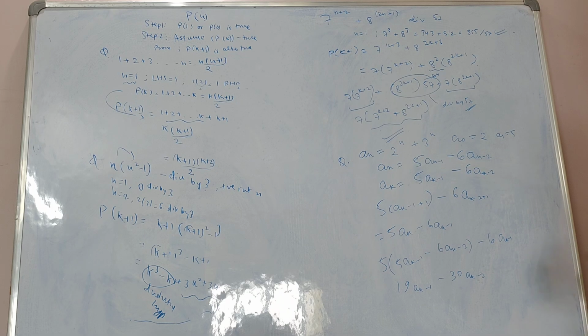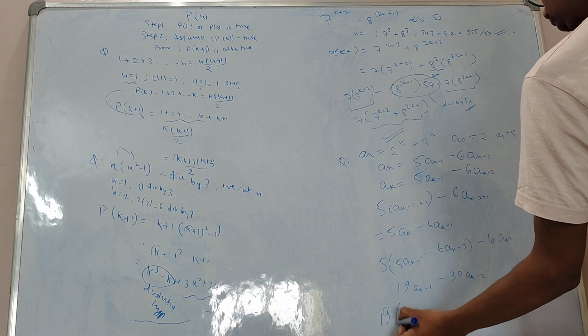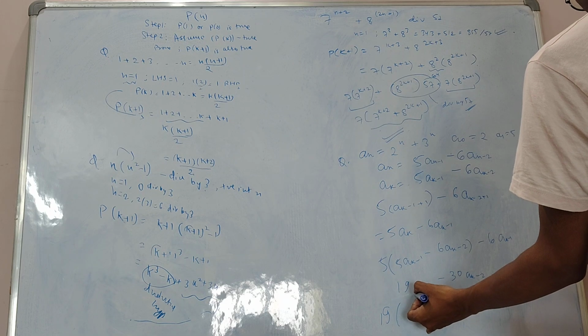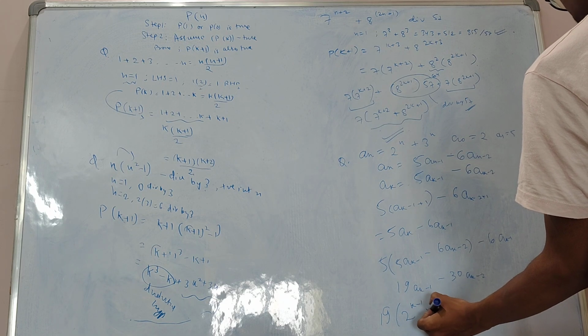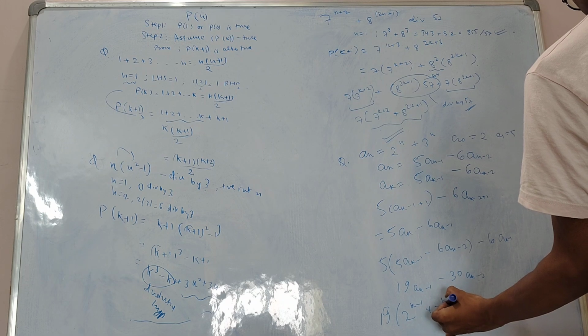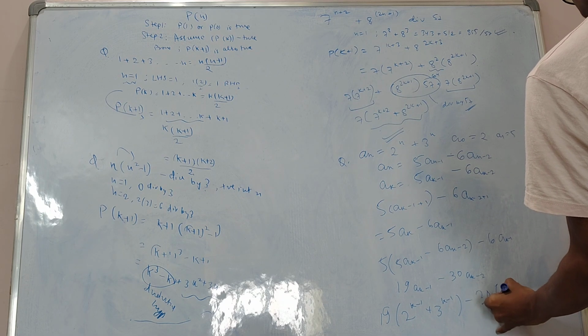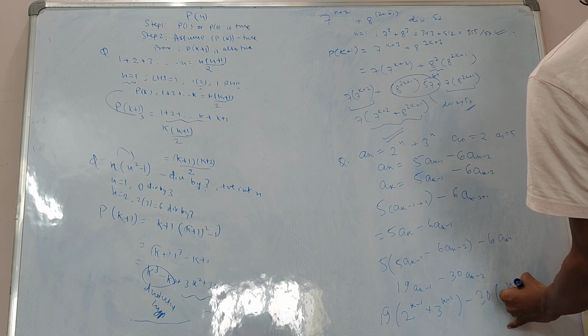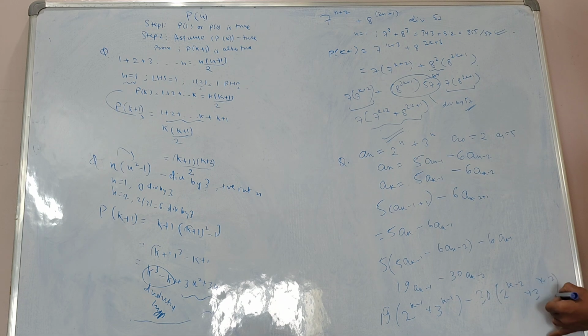So this I can write it as 19, I will write this as 2 to the power k minus 1 plus 3 to the power k minus 1, minus 30, 2 to the power k minus 2 plus 3 to the power k minus 2, right.